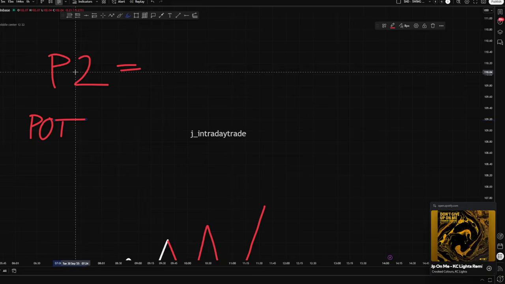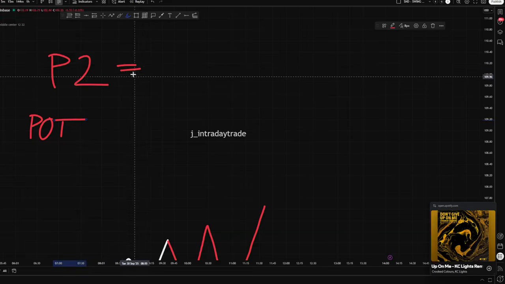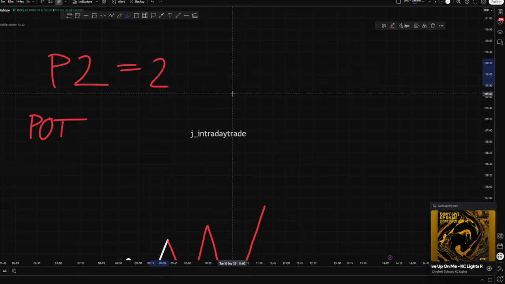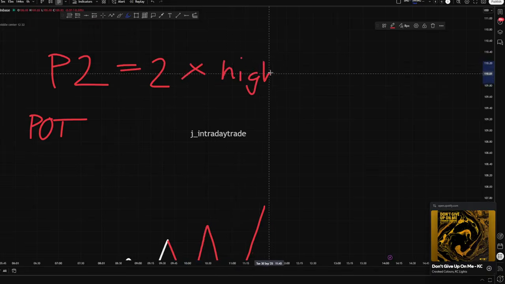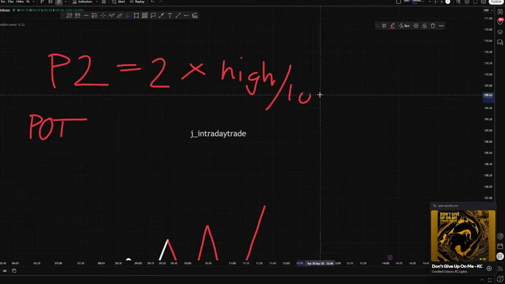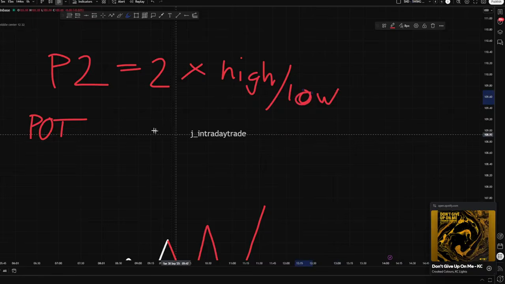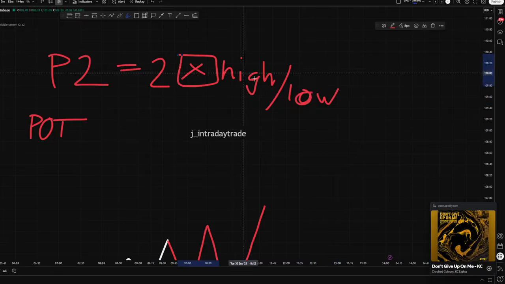It's a potential two. So the P2 stands for a two that has not yet swept the high or low. It has not swept the high or low.